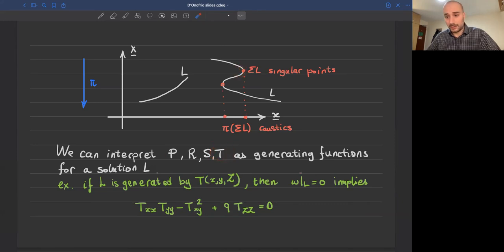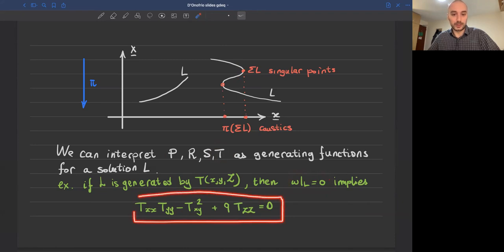Then the condition for it to be a solution boils down to some sort of Monge-Ampère equation. This is the Monge-Ampère equation which is satisfied by the generating function T. It looks different from the one which P satisfies or R satisfies, but it's equivalent in a precise sense.